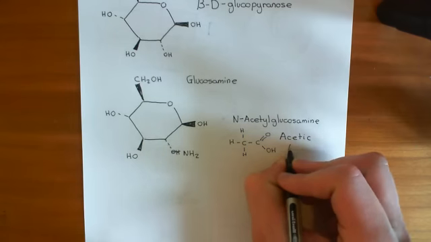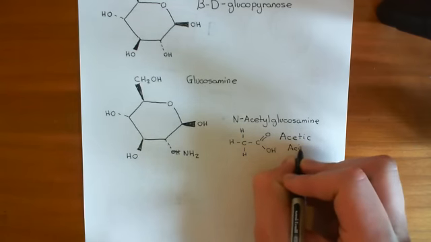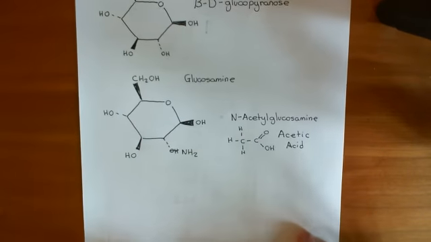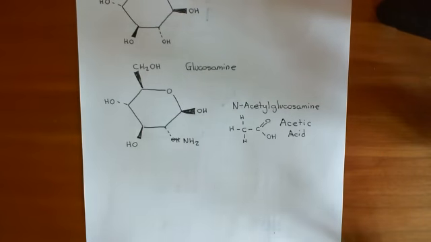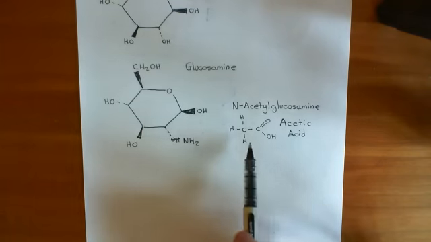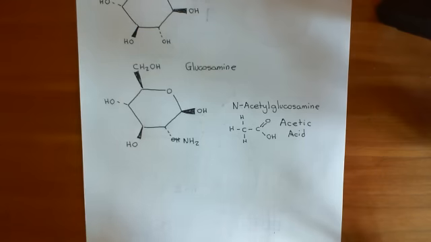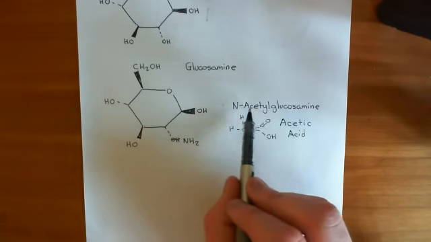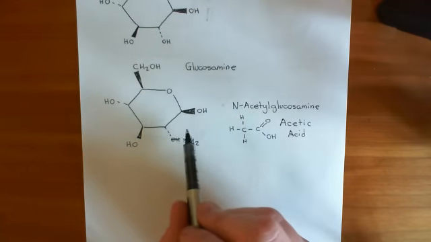Acetic acid was the old chemist's name, but chemists have renamed it ethanoic acid, which is more sensible because it follows a very nice naming protocol. But the old name was acetic acid, and that's still a very pervasive name that you'll see used in biochemistry.